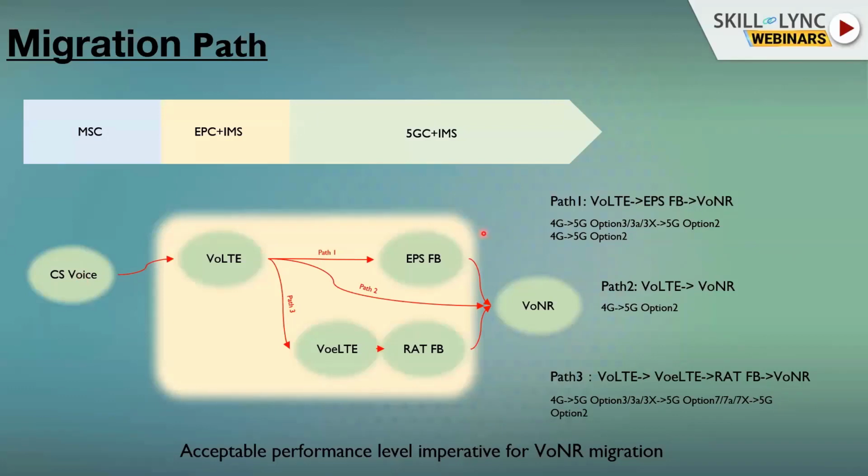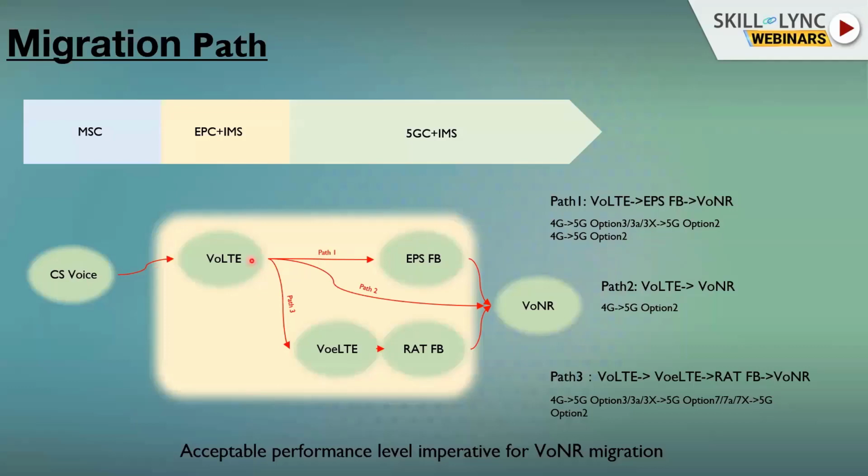So this is path one, the very initial stage where you have CS voice and you have upgraded to a 4G network, where you have VoLTE, and then you add the NSA configuration.